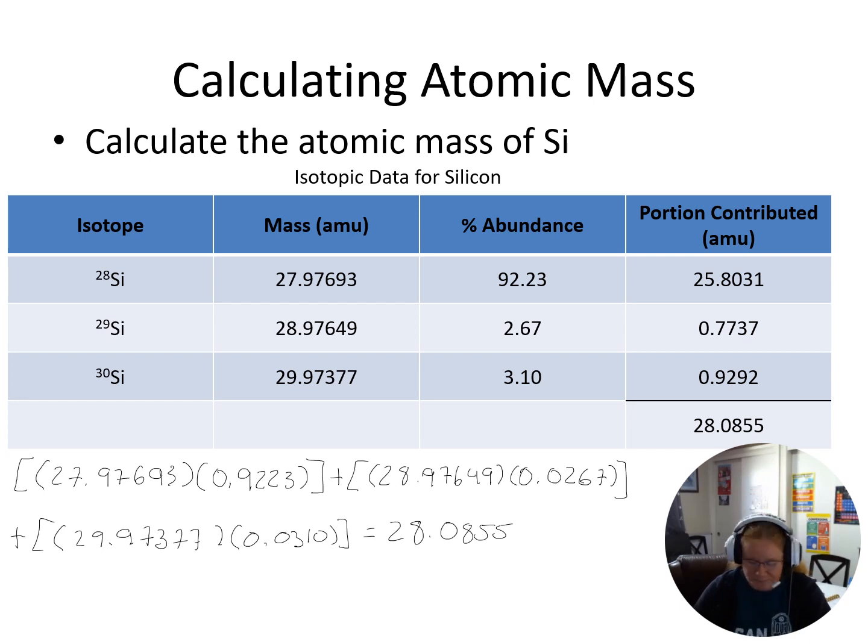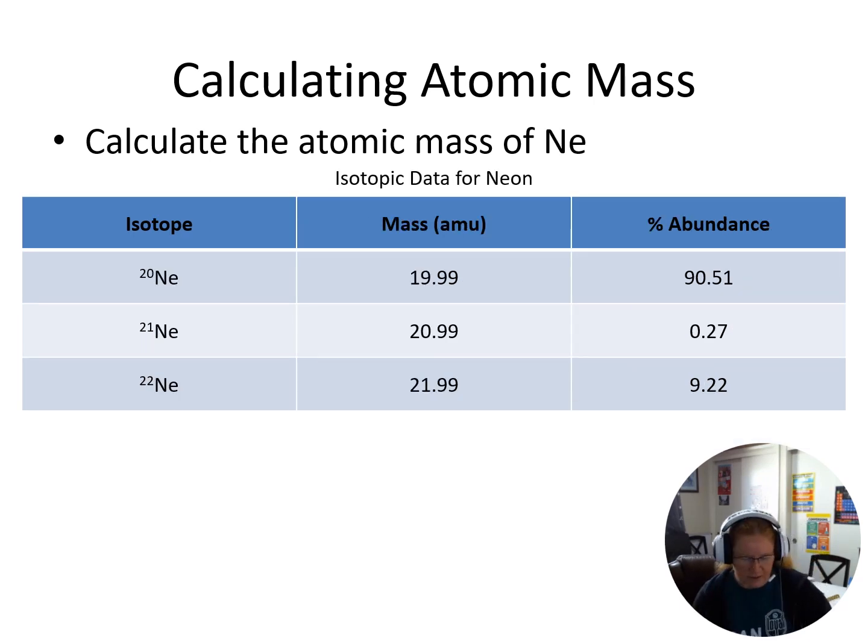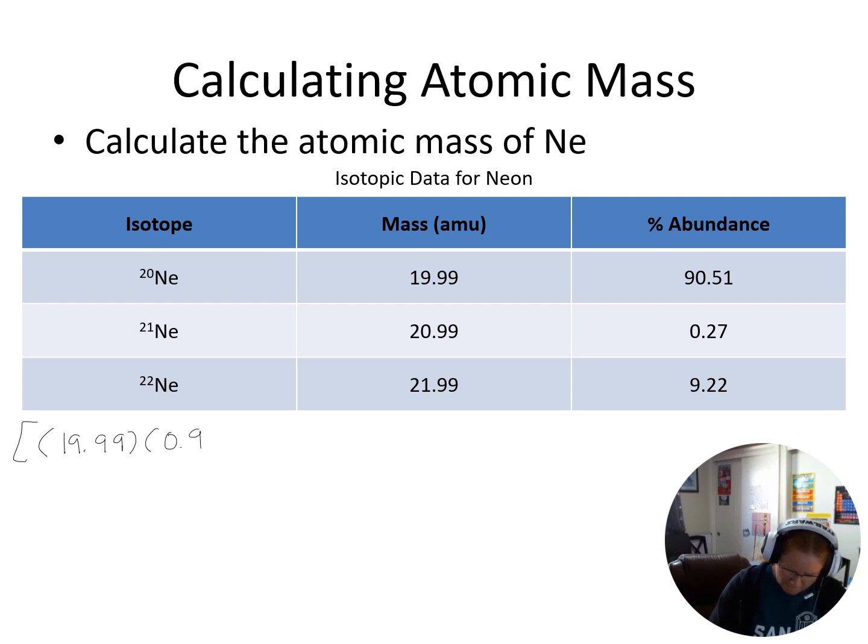Okay, so let's take a look at another one. Here's neon. Again, we take the mass, and then my abundance put into decimal form. Now, 0.27%, you might think it's already decimal, but it is still a percent. So 0.27 divided by 100 gives me 0.0027.